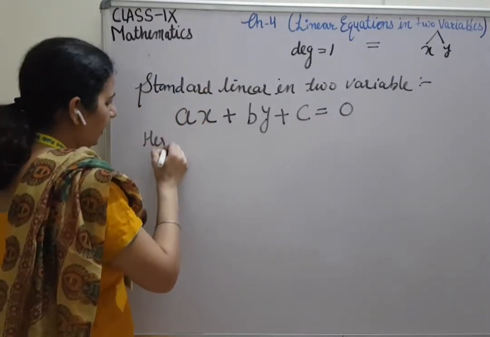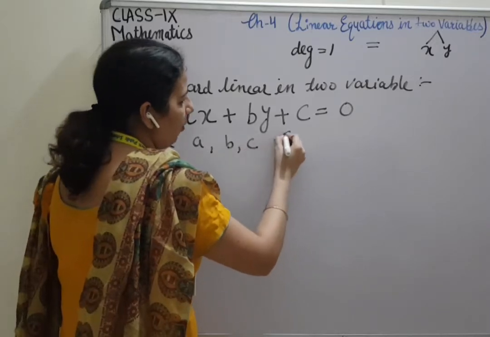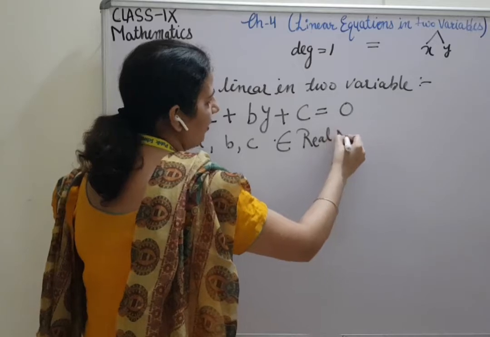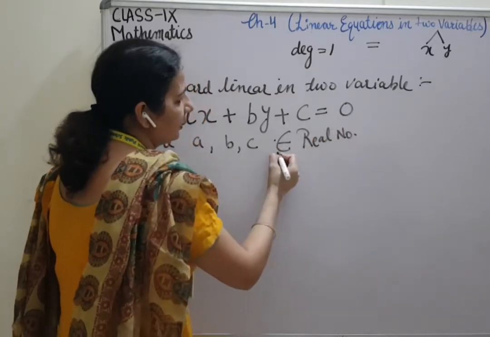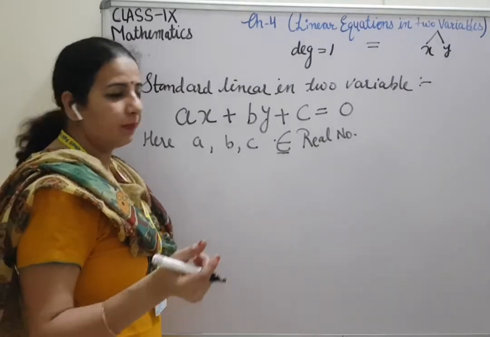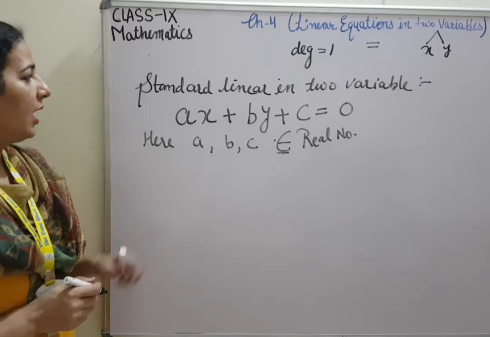Here a, b and c, they all belong to the real numbers. This is a mathematical sign for the word belongs to. So a, b, c will be real numbers.